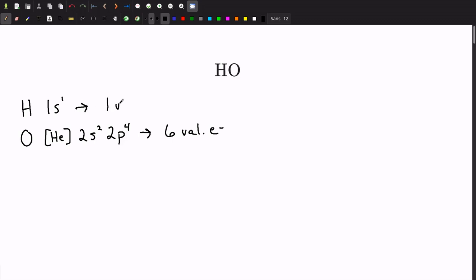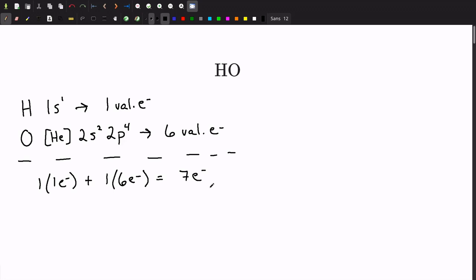This guy has 1 valence electron. We have 1 hydrogen giving us 1 electron plus 1 oxygen giving us 6 electrons. And that's going to be 7 electrons.